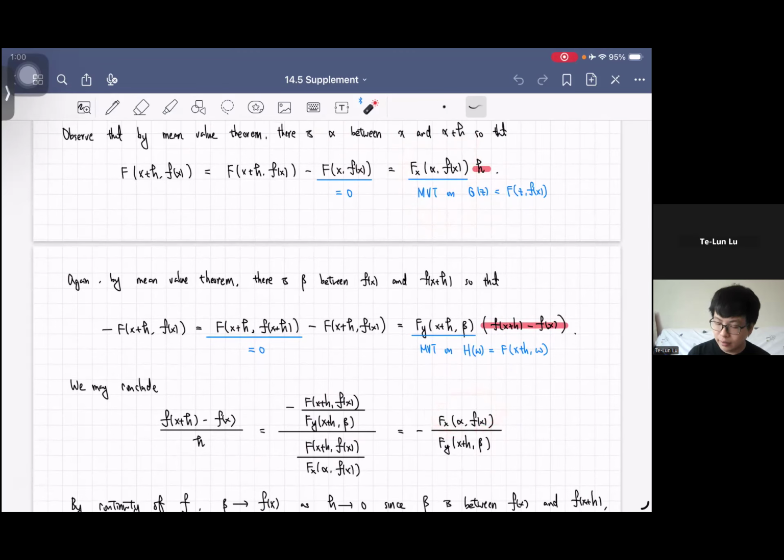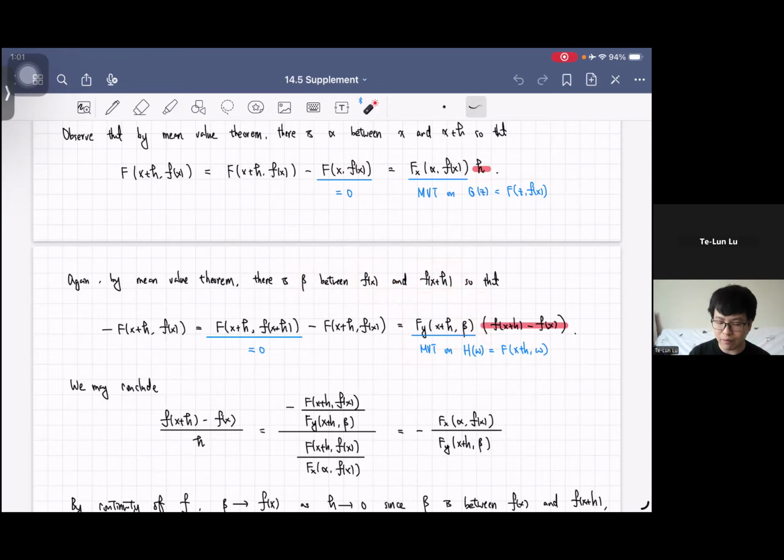For the denominator, beta is between f(x) and f(x+h), right? And since little f here, as we assume, is continuous, that is why we proved continuity first. We now have f to be continuous, right? So when h goes to 0, f(x+h) also converges to f(x) by continuity of little f. So that makes beta also converge to f(x), right?